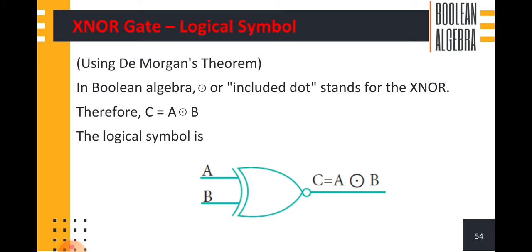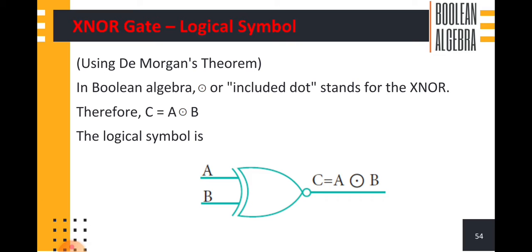Therefore the equation is C equals A encircled dot B. The logic symbol for the XNOR gate: we pass two inputs A and B to an XOR gate. How can you draw the XOR gate? We put one curved line, then leave some space after the curved line and draw the OR gate.